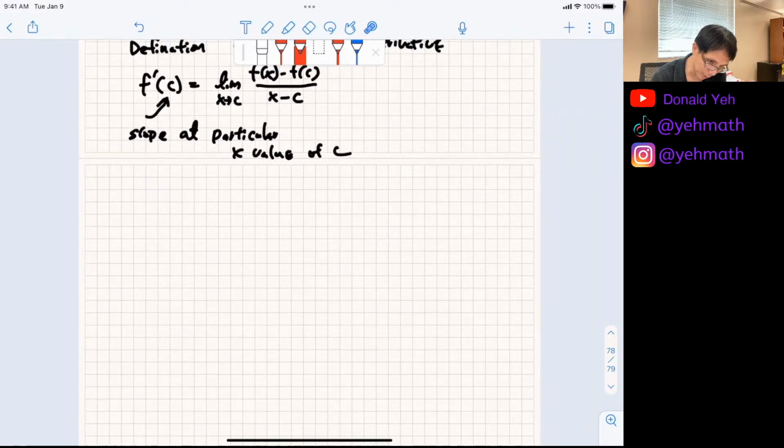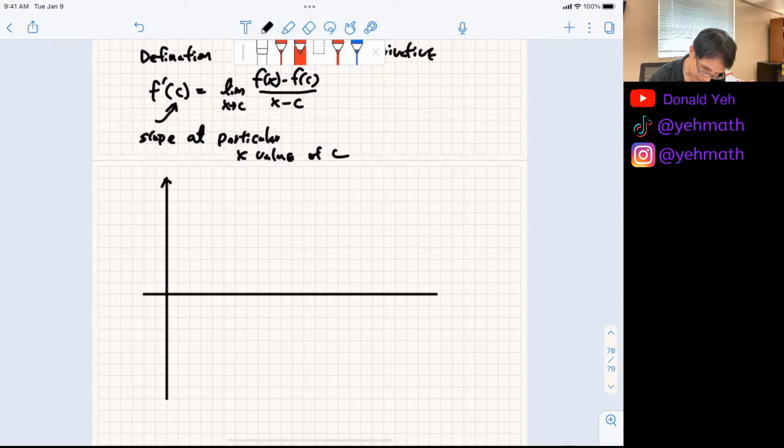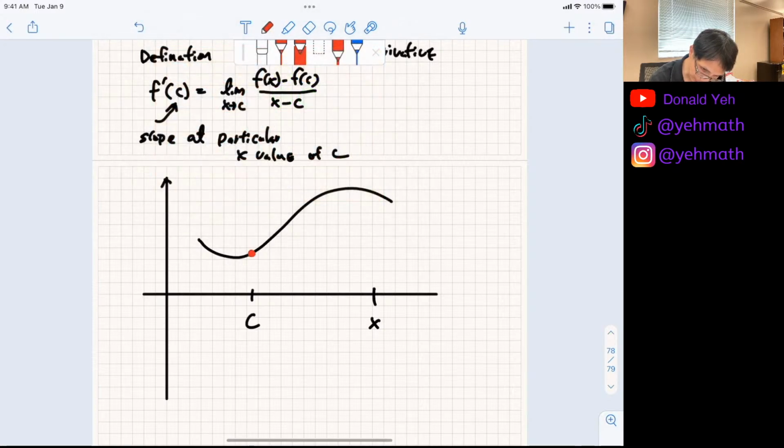Now, this one is a little bit different. I have a function, something like this. We have a point A, but now we're not going to have point A. We're going to have point C and a point X, and point C and point X are going to give you outputs.